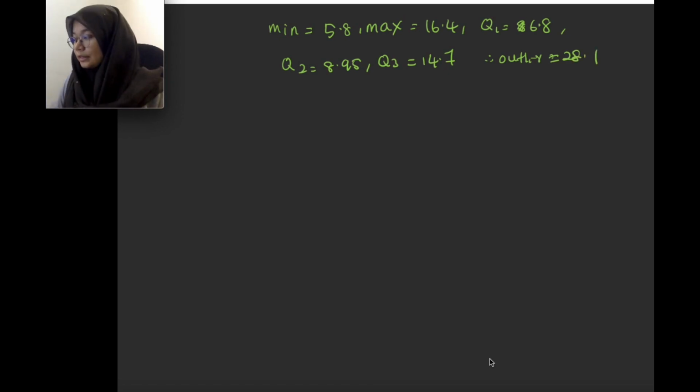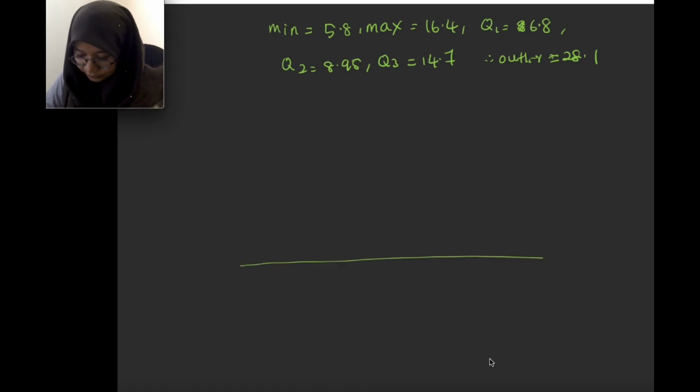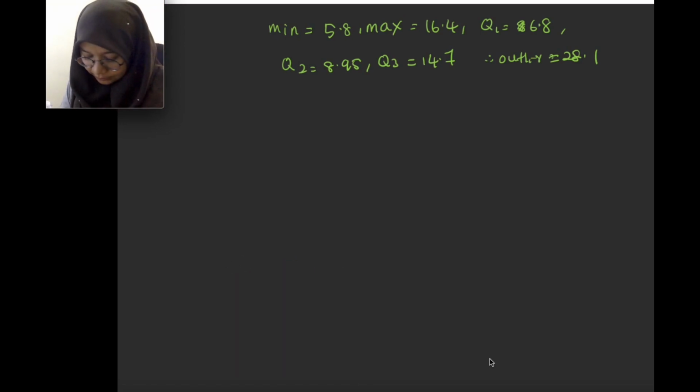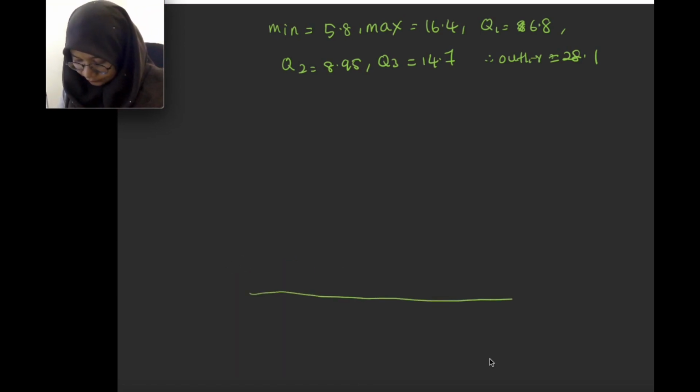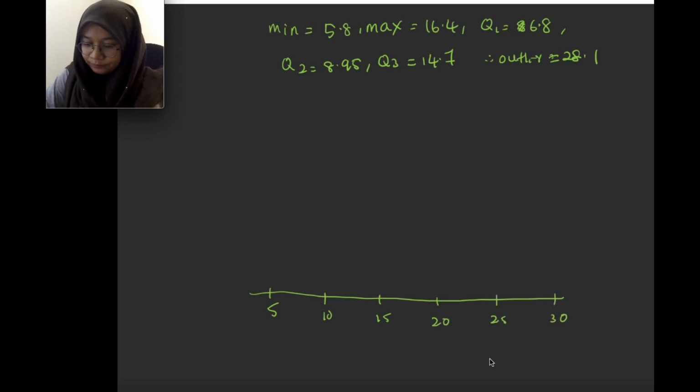So draw a scale. Draw a line, and I will put 5, 10, 15, 20, 25, 30.